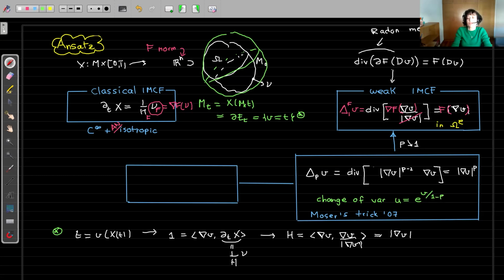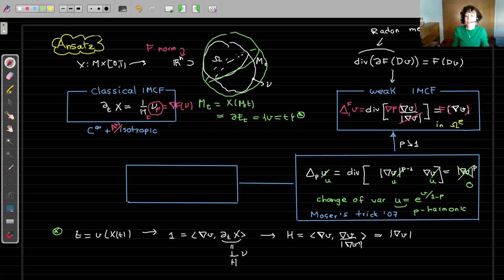If you have this change of variable, it turns out that the function u is p-harmonic, meaning that after the change of variable, this side is 0. So you will have the p-Laplacian equals 0.